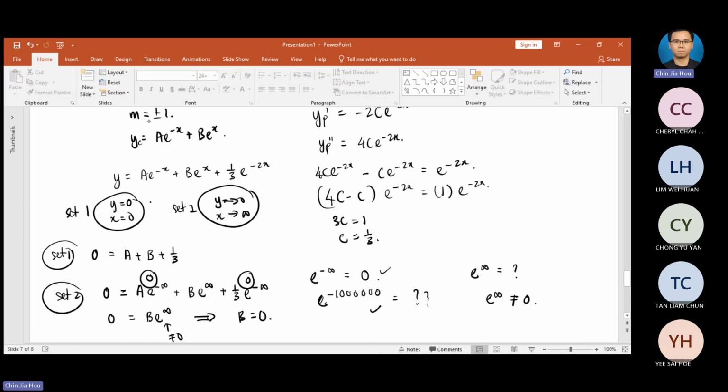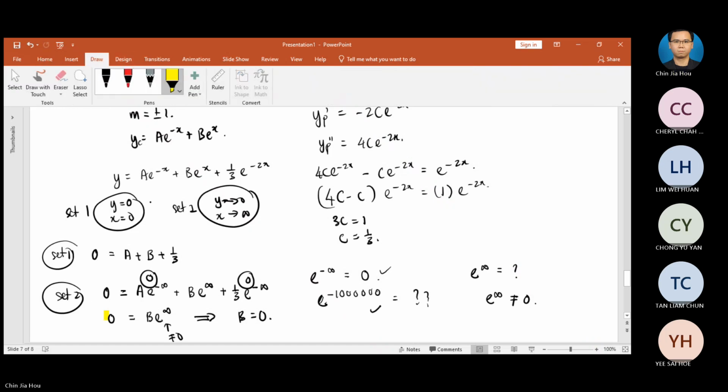For this whole equation to be legit, b multiplied by e to the power of infinity must be 0. And we know that e to the infinity is not going to be 0 in any way. In that case, in order to make this equation legit, b must be 0.